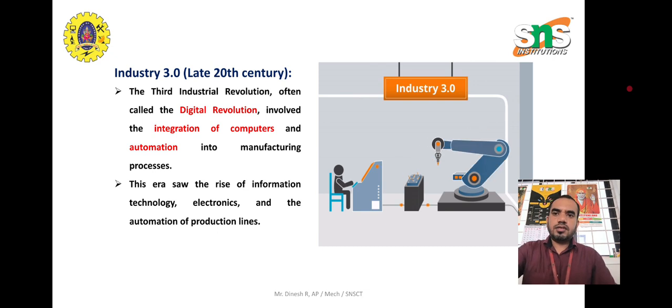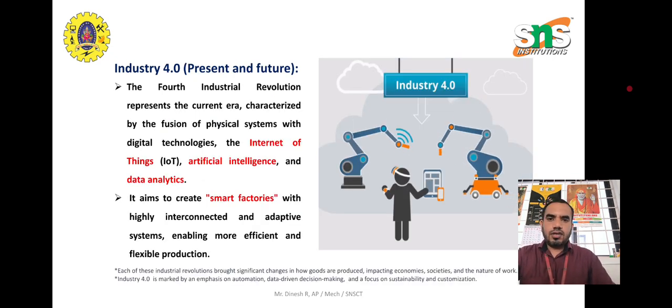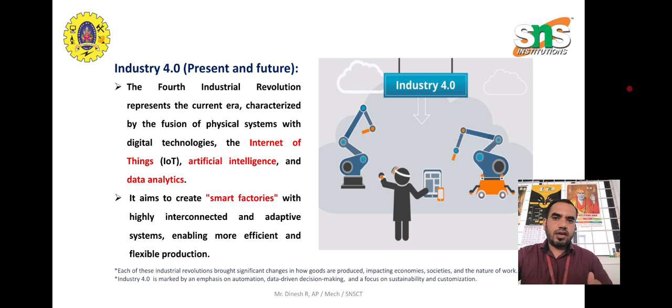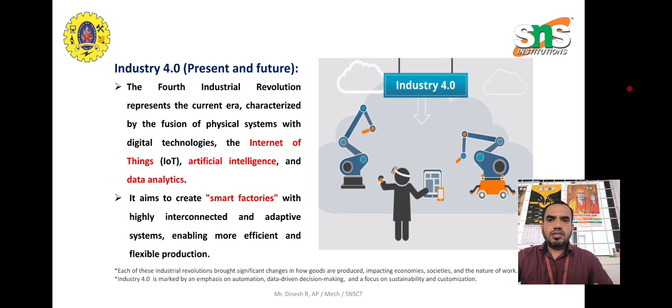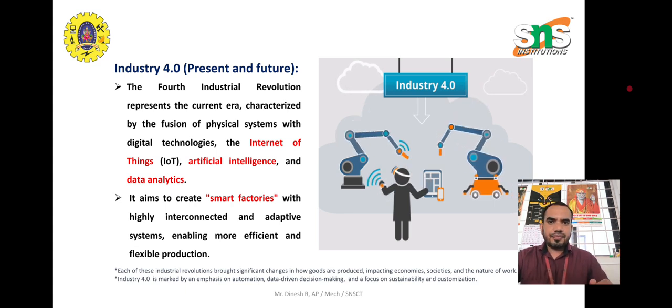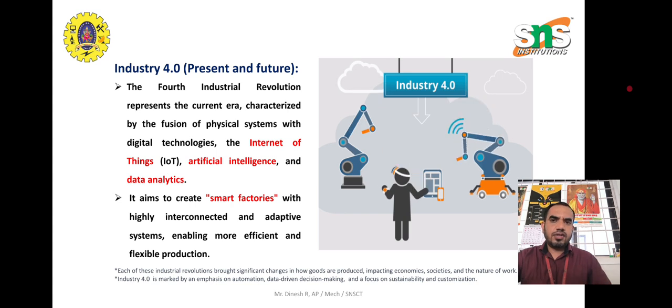The fourth one, the present and future of industry, is what we call IoT and AI/ML. But it's not just IoT and AI/ML; it's an integration of all the new technologies, including data analytics, horizontal and vertical machining.